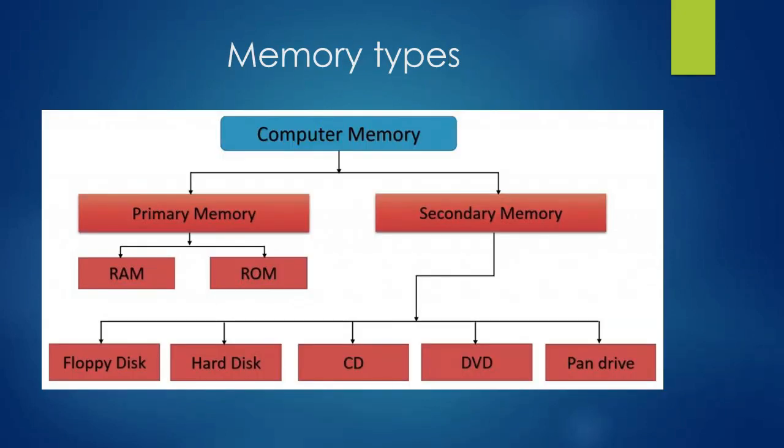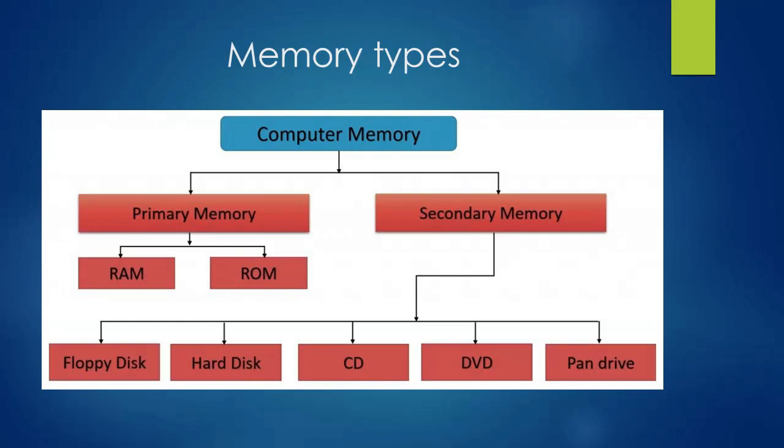Let's discuss this topic of memory types in detail. There are two basic memory types. One is called primary memory and second one is secondary memory. Primary memory is further divided into two main categories. One is called ROM, the other one is called RAM.